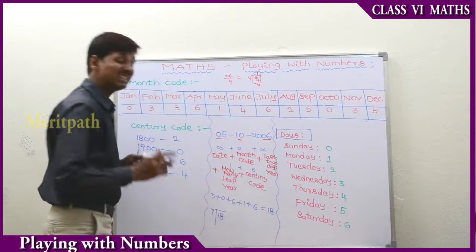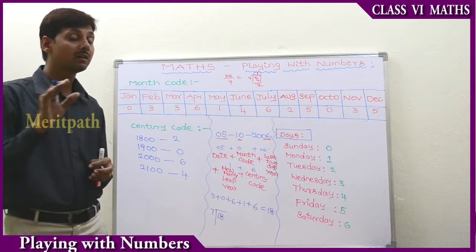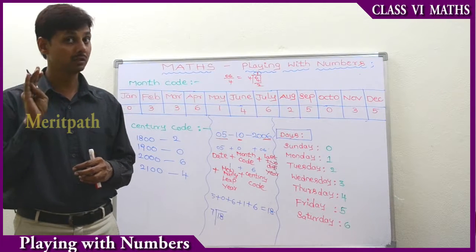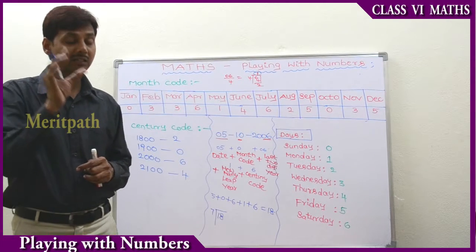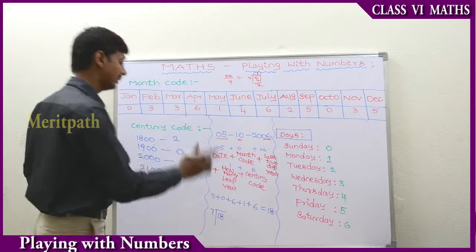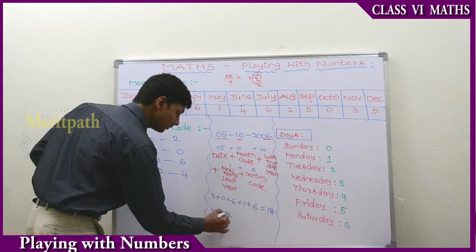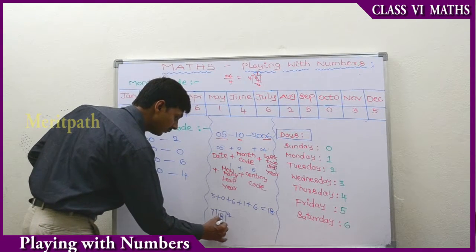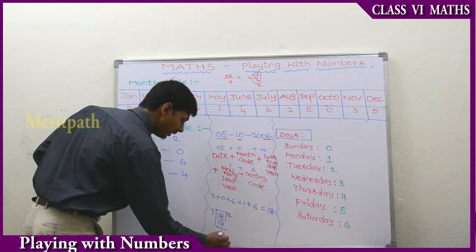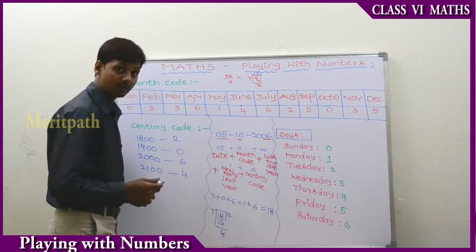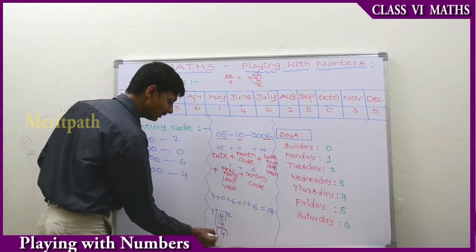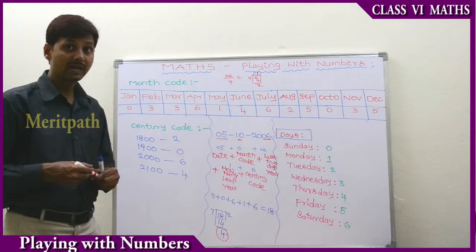We'll see only the remainder, not the quotient. 2 times 7 is 14, and we get a remainder of 4.